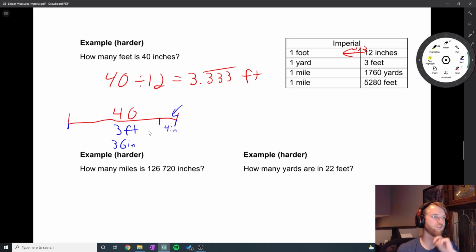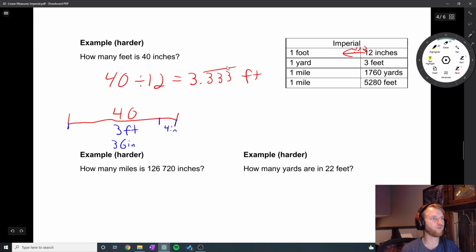This is about as tough as it could possibly get. I don't think there's any questions like this on the practice problems, so don't be too stressed if this isn't making a ton of sense. But I think the easiest way to visualize it and solve this problem is to say, if we get an answer like this, 40 inches is 3 feet and a bit.